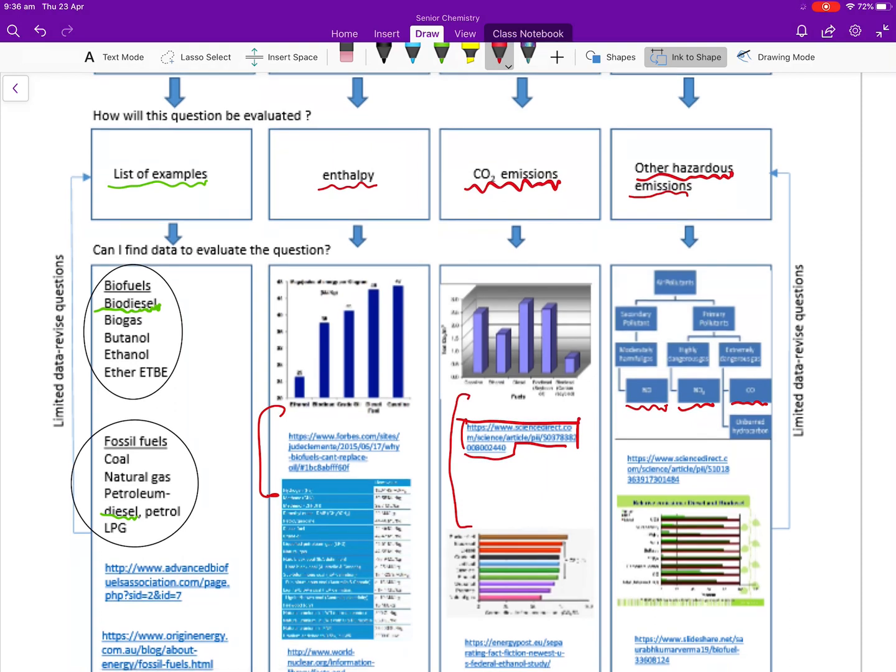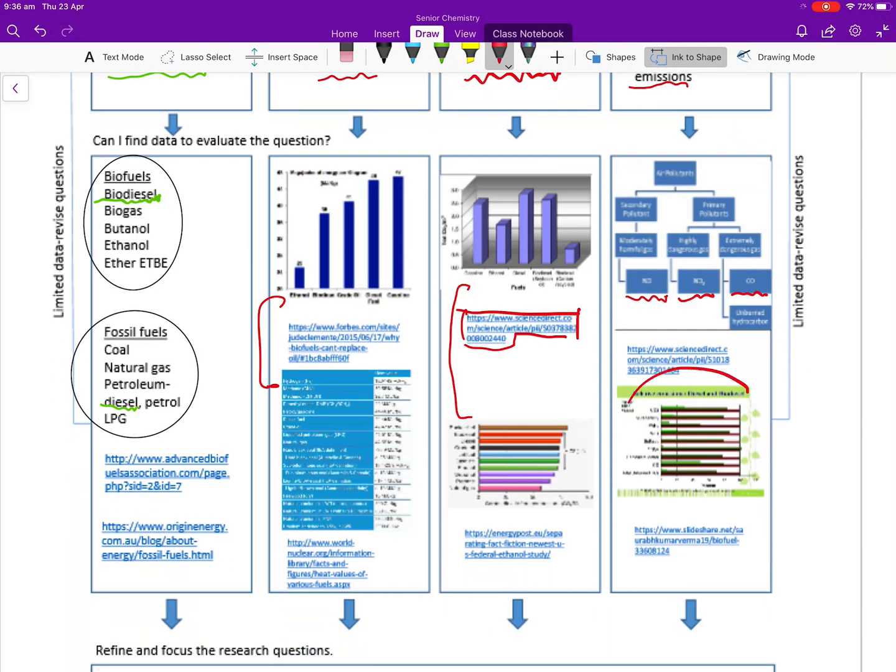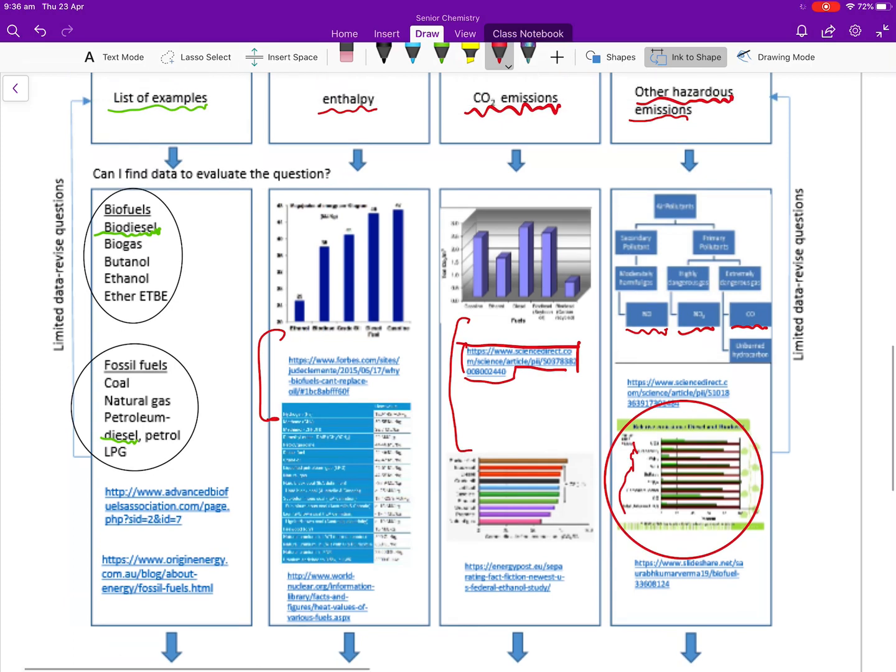It's hard to see on this, but there was nitric oxide, there was carbon monoxide, there was other nitric oxides. I could find some data about emissions from these nitric oxides in different fuels. So again, yep, big tick. I can find information about other hazardous chemicals that are emitted when we burn different fuels.